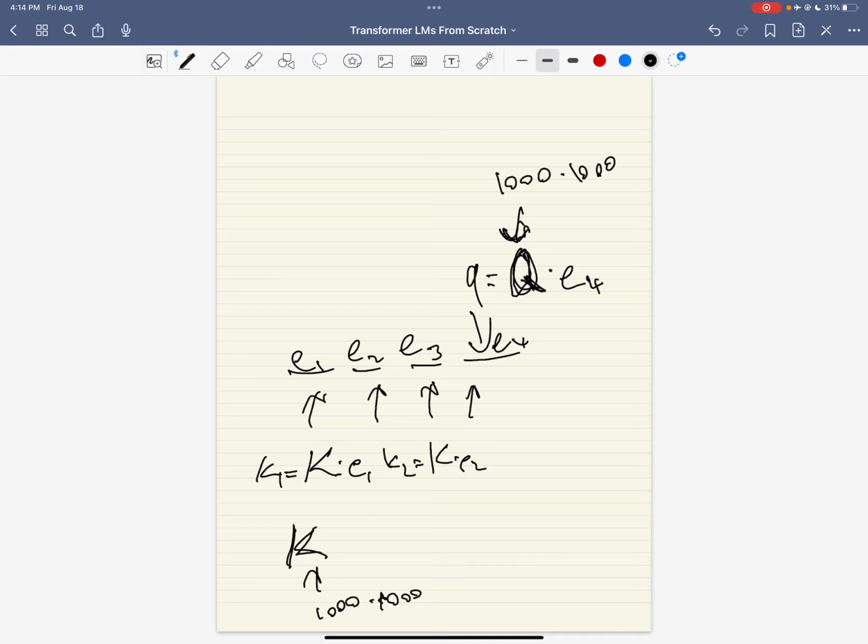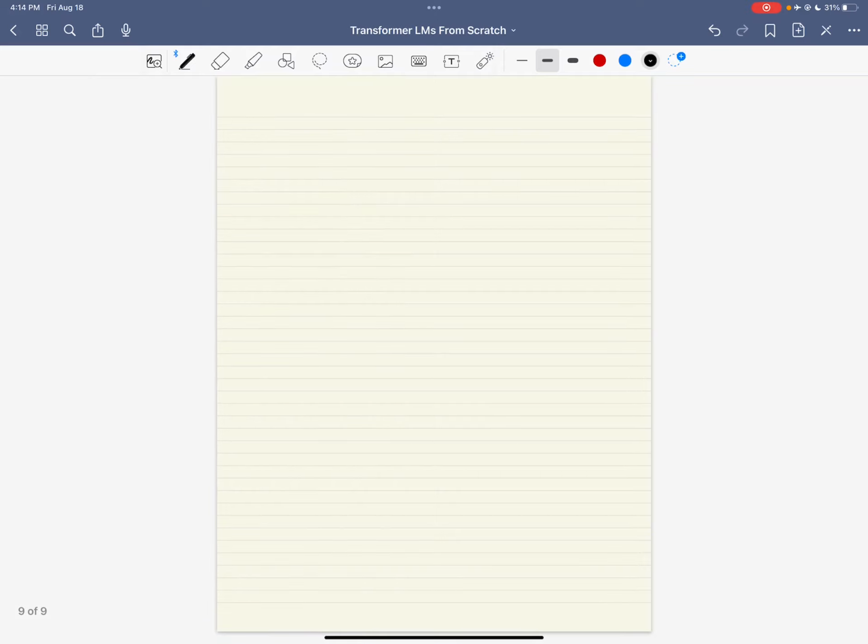And so what position embeddings do is, we have these 4 input words, and previously we said that this word was represented by embedding 1, this word was represented by embedding 2, embedding 3, and embedding 4. So position embeddings are trained vectors which are added to each word vector before we execute the rest of the algorithm.